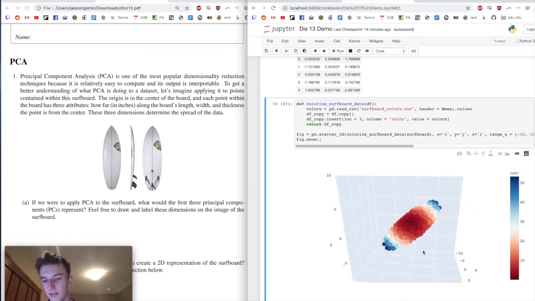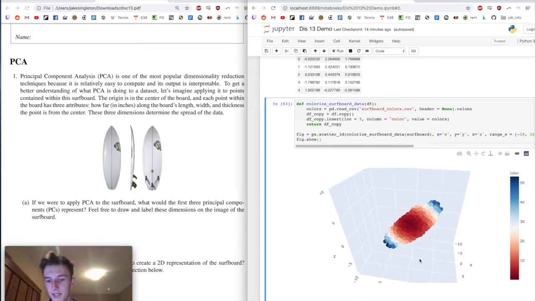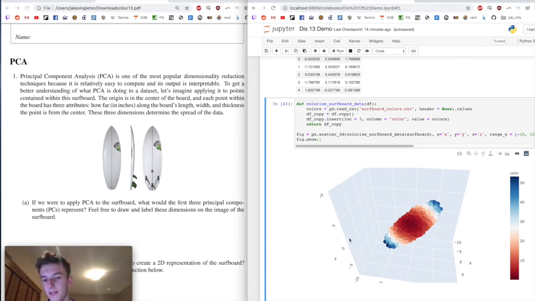Looking at this image, if we chose this lengthwise dimension along the surfboard, the direction orthogonal to that one, along which the data varies the most, is, if you follow my mouse, this dimension here, which is the width, this horizontal width of the surfboard. So that is going to be our second principal component.